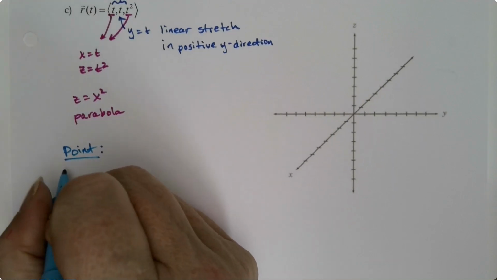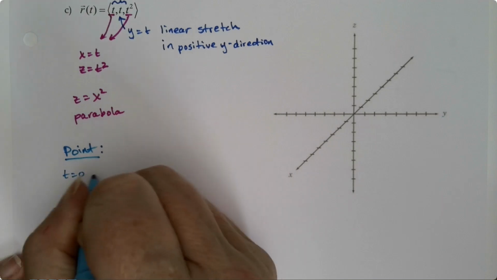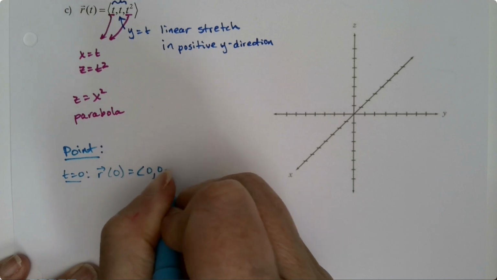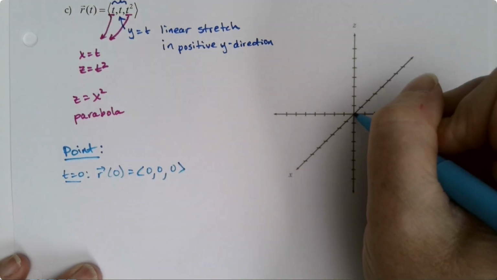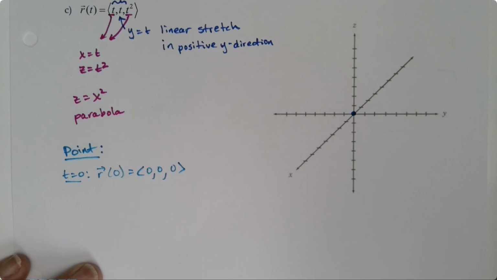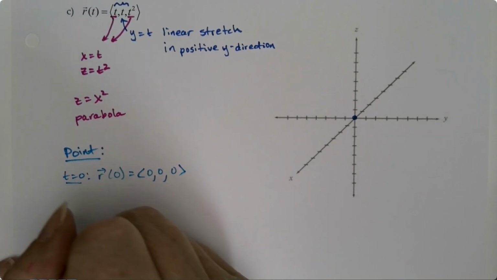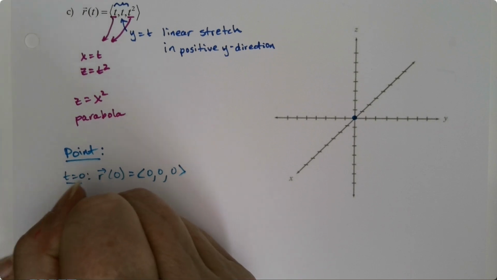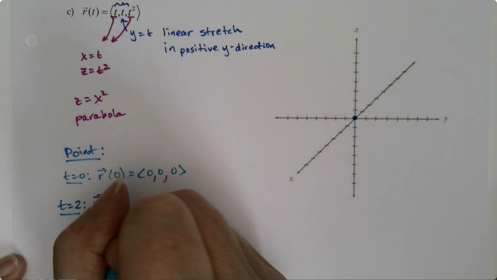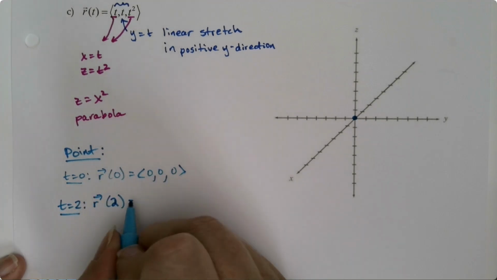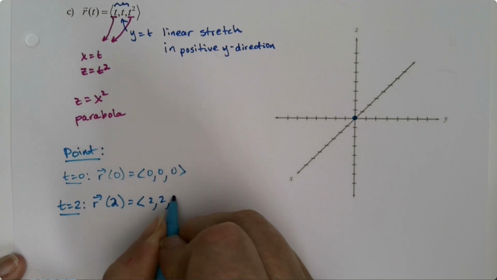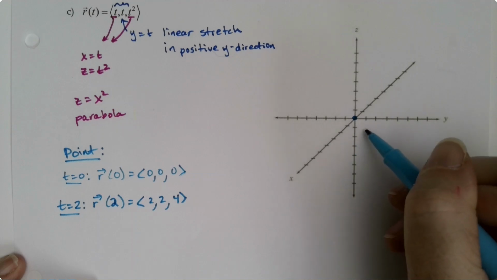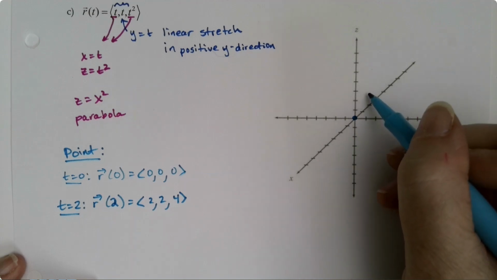So if I have t equals 0, that would make r of 0 equal to 0, 0, 0. Well, that's exciting. That's the origin. So that's pretty easy. And then if t equals 2, for example, then r of 2 would be 2, 2, 4. So over 2, out 2, up 1, 2, 3, 4.